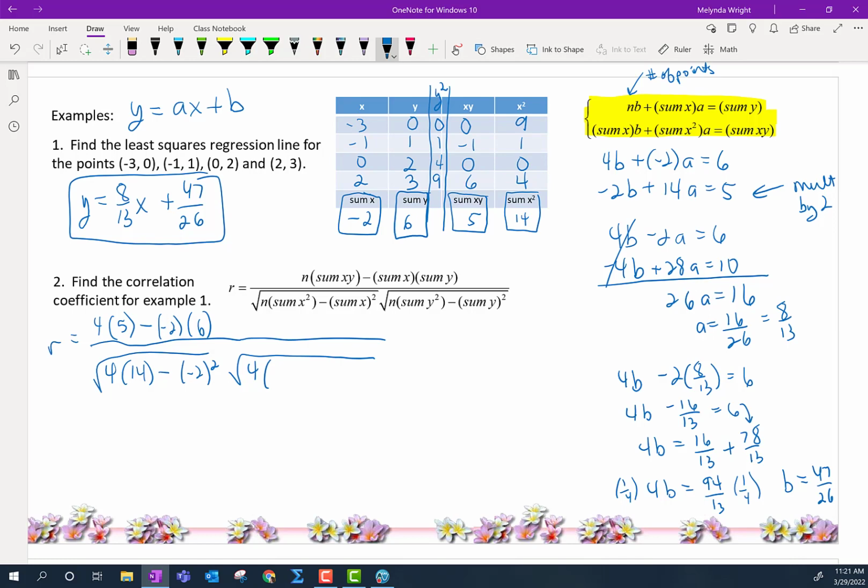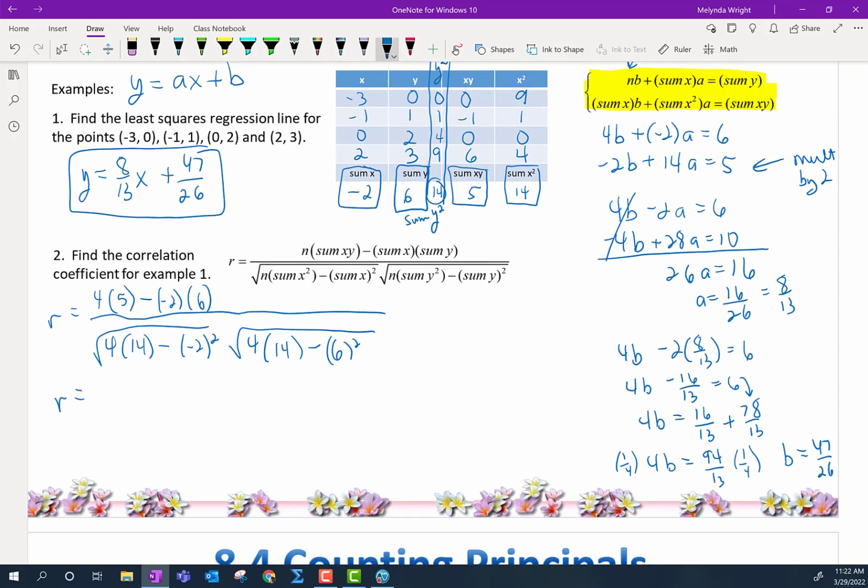So let's add those up. 1 plus 4 plus 9, what is that? That's 14. So sum y squared is 14. Okay, great. So let's just slide that 14 in there. Minus sum y was 6 squared.